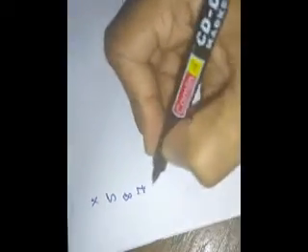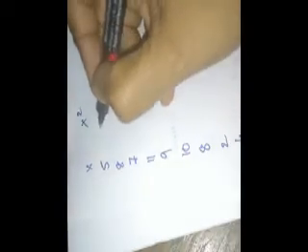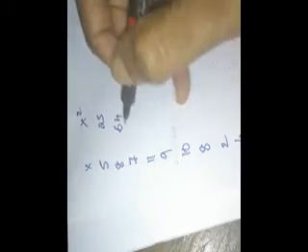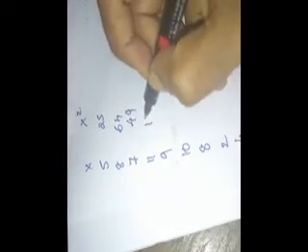So x: 5, 8, 7, 11, 9, 10, 8, 2, 4 and 6. Okay, now x square: 5 into 5 is 25, 8 into 8 is 64, 7 7s are 49, 11 11s are 121.